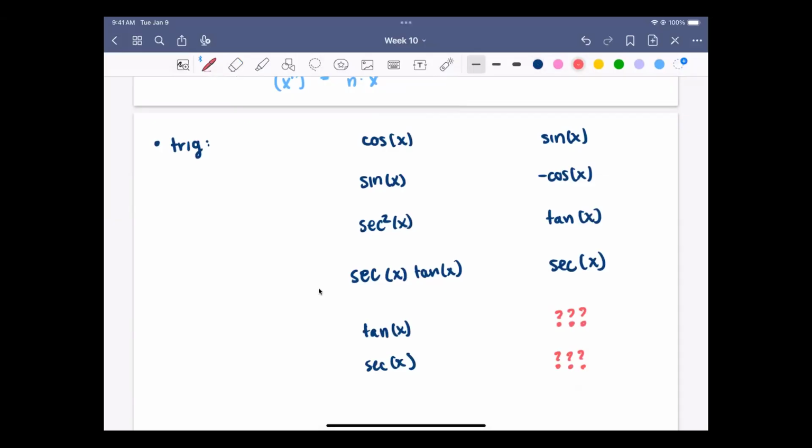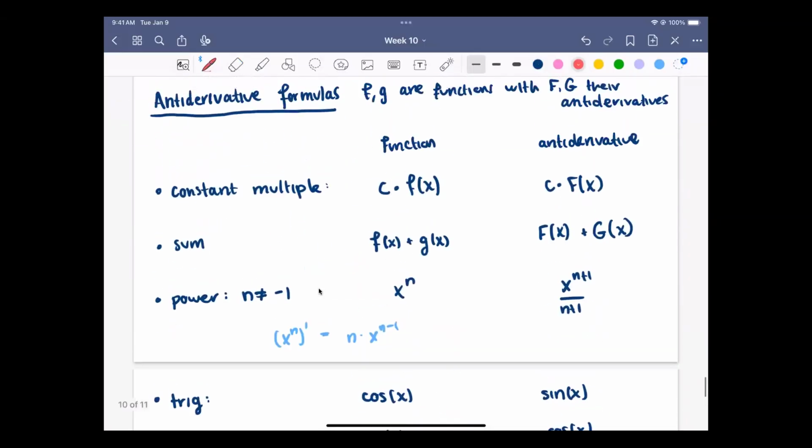Okay, so that's all of the antiderivative formulas that we are going to have. Are there questions before we use some examples? Can you go back up to the antiderivative of the sum? Yes.